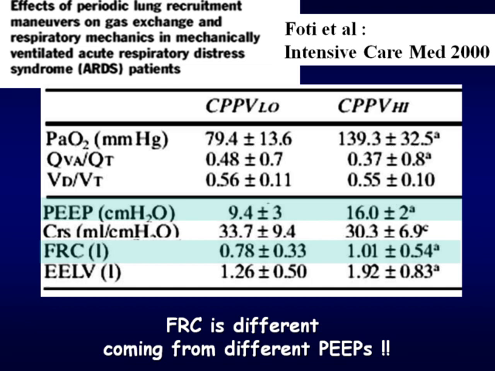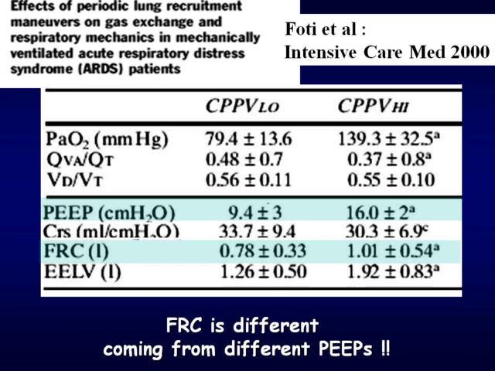And we have gone there to measure what happens in reality, and this is an example of control mechanical ventilation, low PEEP, versus control mechanical ventilation, high PEEP. 9 versus 15, actually it's 9.4 versus 16. Look at the change in end expiratory lung volume from 1.2 to almost 2 liters.